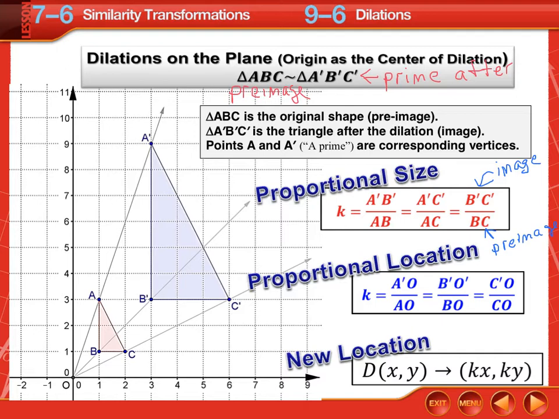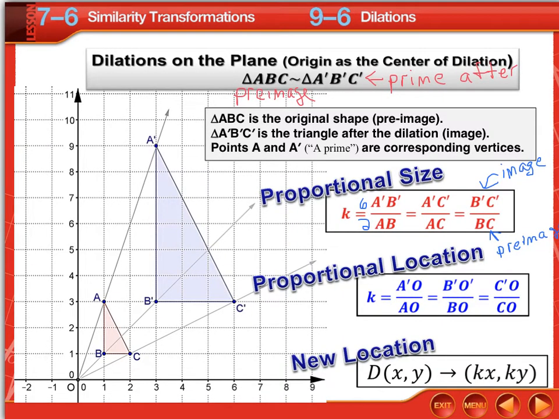Let's take a look at what we have here. A prime, B prime is 6 units long. We can just read that right off the chart. And AB is 2. And B prime, C prime is 3. And BC is 1. So looks like our scale factor is 3.